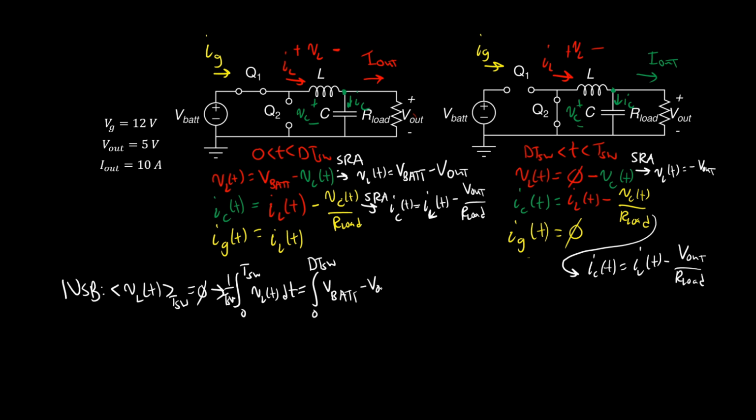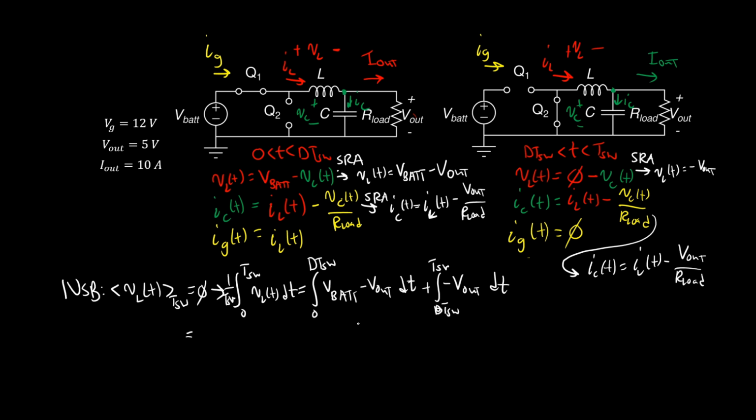And now you see why small ripple approximation is so powerful. Because these are constant, this integral is easy. For the second subinterval, from dTSW up to TSW, it's equal to minus Vout. Again, this is constant. By using small ripple approximation, we've made this integral super easy, because we're just integrating constants.